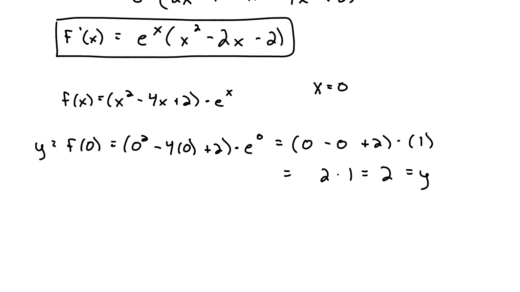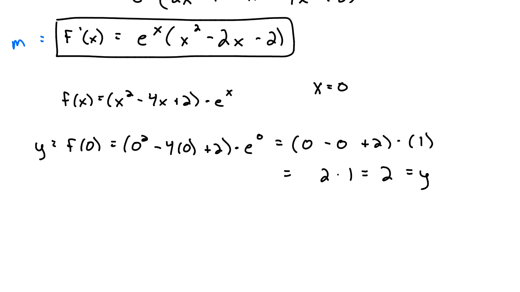So there is the first part. I need the y value. The second part I need then is the slope. And I remember that the slope of the tangent line is always given by the derivative. So I'm going to take the x value that was given to me and plug that into my derivative.